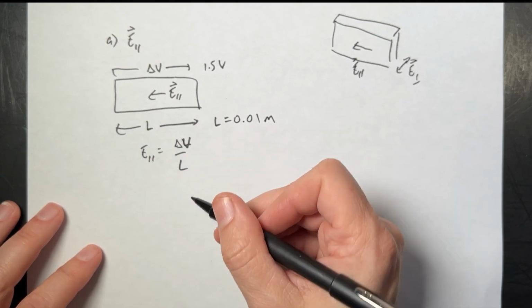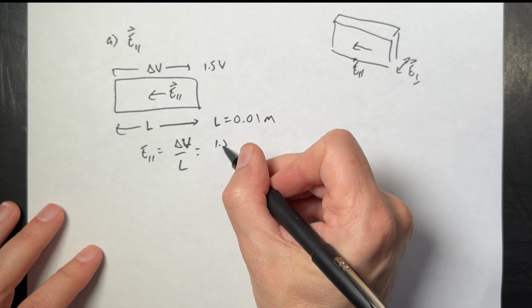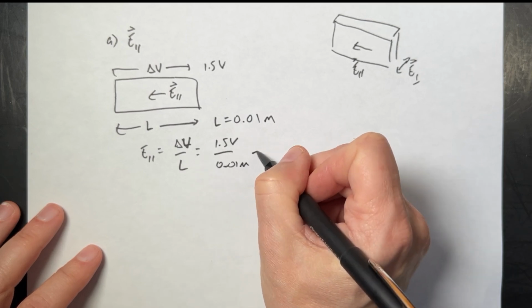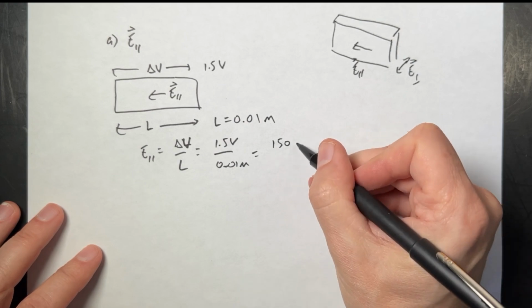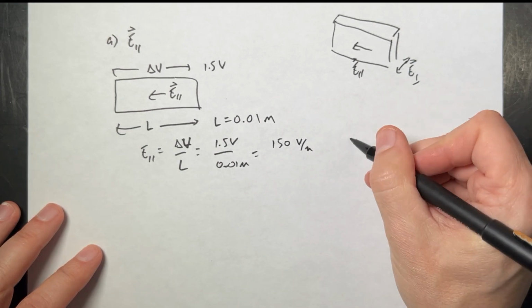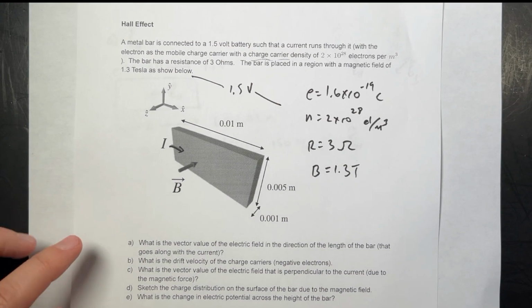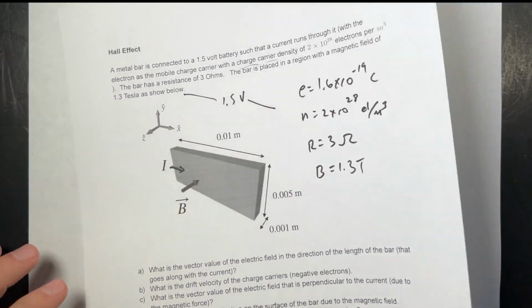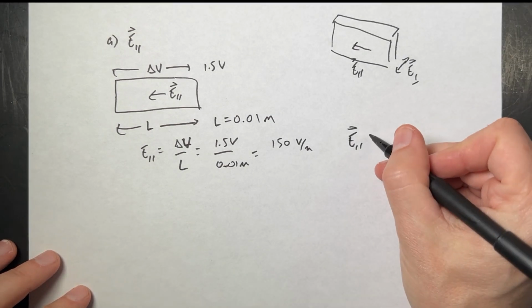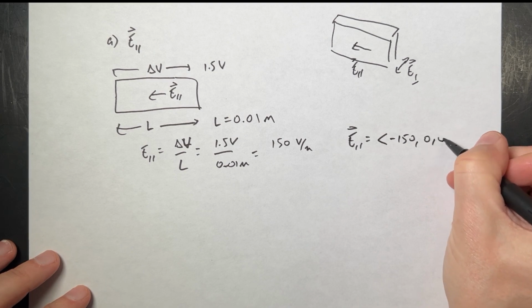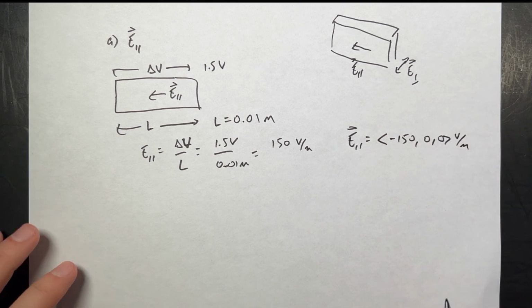Delta V over L, so that's going to be 1.5 volts divided by 0.01 meter, which is 150 volts per meter. So E parallel, and you'll notice right here, that's the positive x direction, so the electric field's in the negative x direction. We can write it as negative 150, 0, 0 volts per meter.